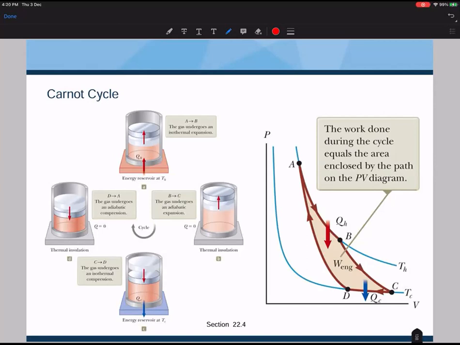In this process, you could see that it takes place at a constant temperature TH, which refers to the temperature of the hot reservoir. So the idea is you would inject heat energy to the cycle at a constant temperature process.